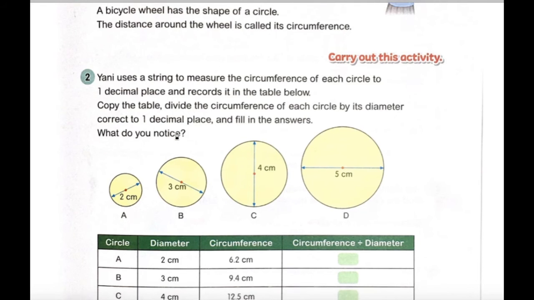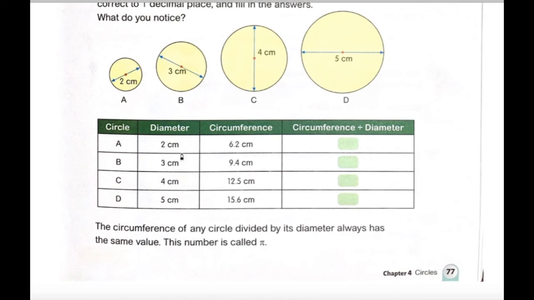For example, Yani used a string to measure the circumference of each circle, to one decimal place, and record it in this table. For example, if the diameter is 2, the circumference is 6.2. So if you do it here, circumference divided by diameter, it means 6.2 divided by 2 will be 3.1. And then here, 9.4 divided by 3.